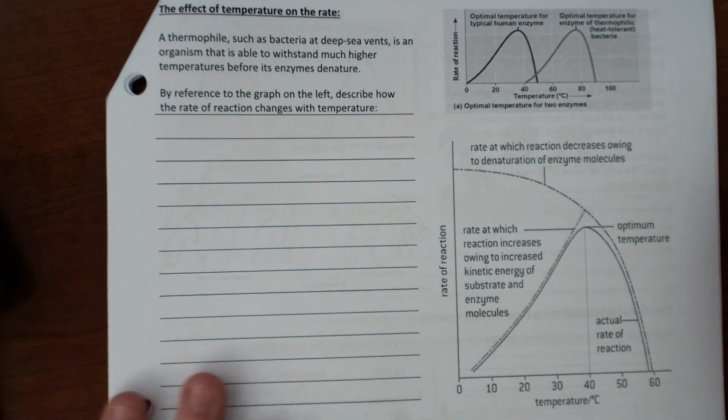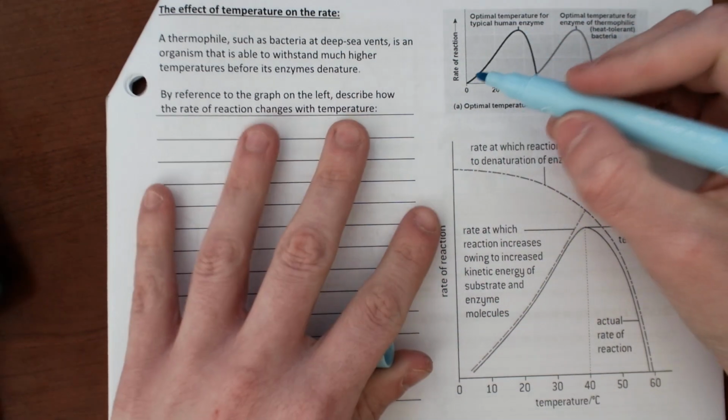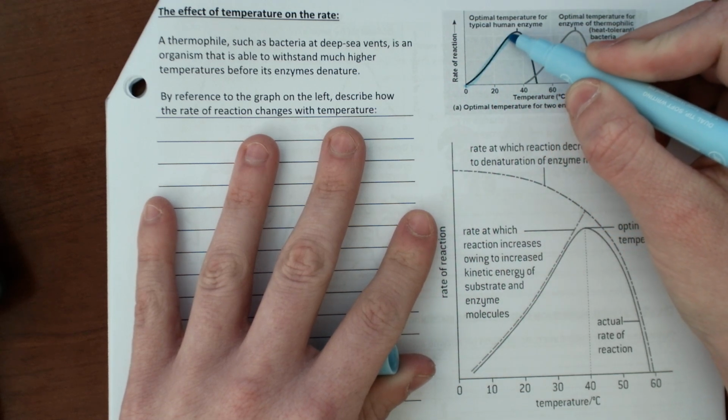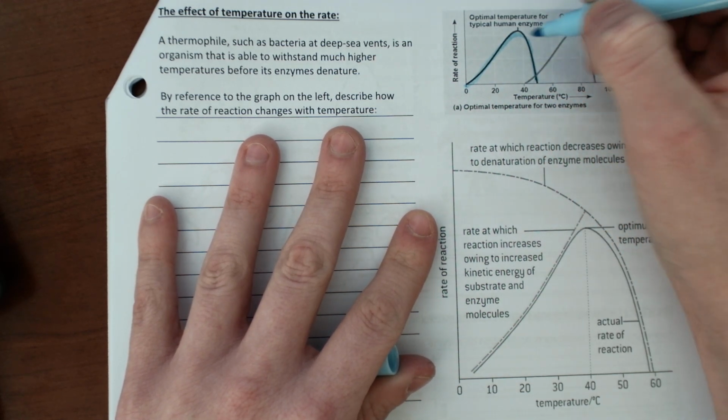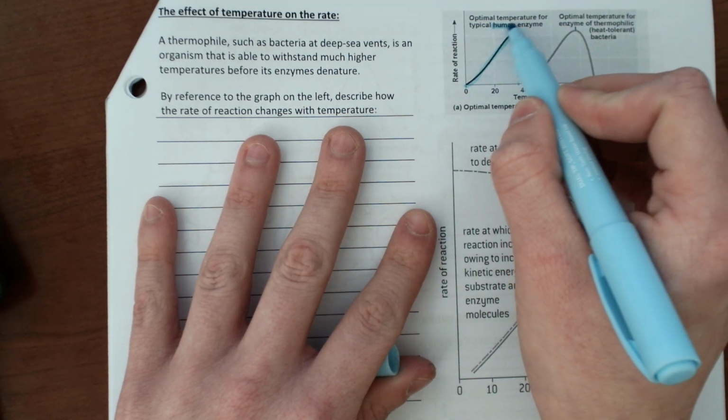And so your enzymes are specific, not only to their substrates, but also to their role. Like, why would you have an enzyme that's not suited to the role it's supposed to be filling? And so you have enzymes that are specially adapted to work at different optimums based on where they are. So we have our human, which has a cooler optimum, for human enzymes.